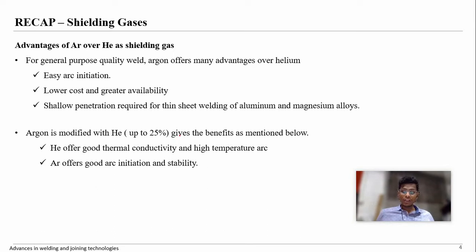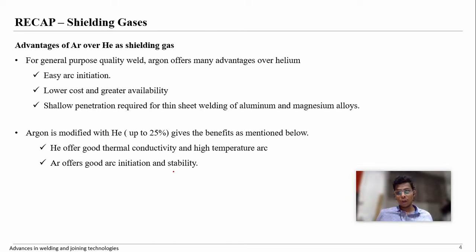But to avail the advantages of helium also, if we mix argon plus helium shielding gas, then we can avail the advantages of both. Arc stability will be there, and arc initiation will be easy if we mix argon and helium. And since helium has good thermal conductivity, we can also achieve a higher temperature arc.